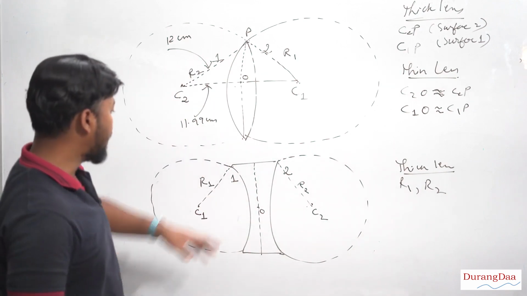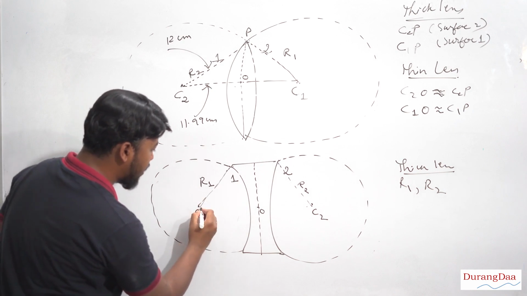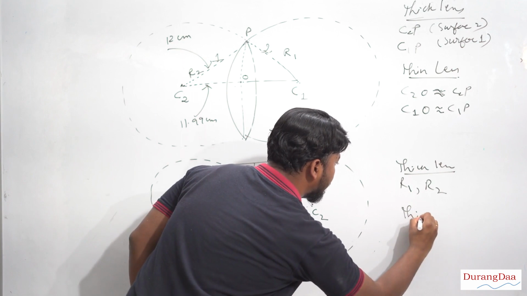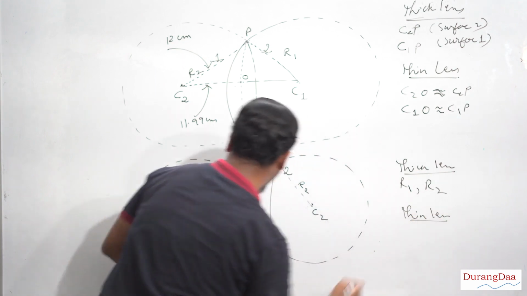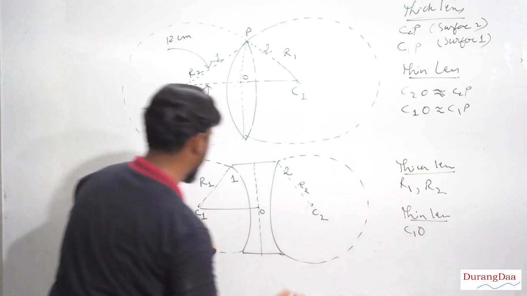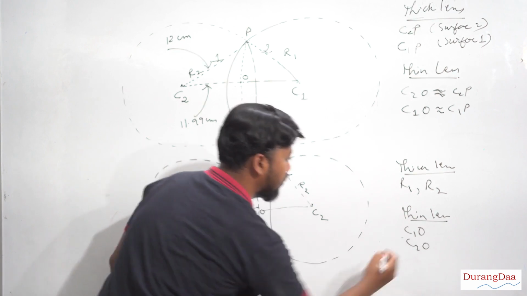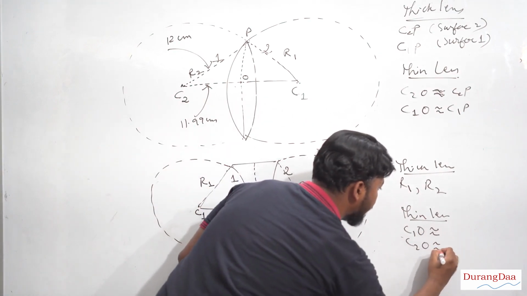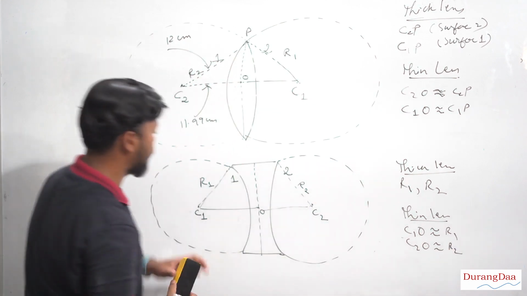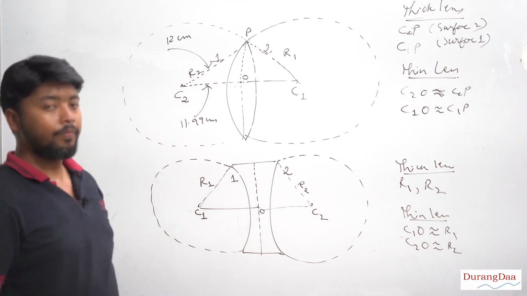All right. But if you are treating it as a thin lens, this length will be nearly equal to this length. So for a thin lens, your radius of curvature would be C1O, and from this side it would be C2O. Just so that you may remember, this is nearly equal to R1, this is nearly equal to R2. This length is nearly equal to this for a thin lens.